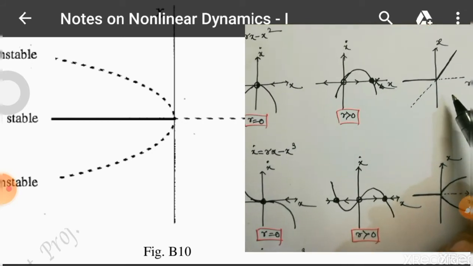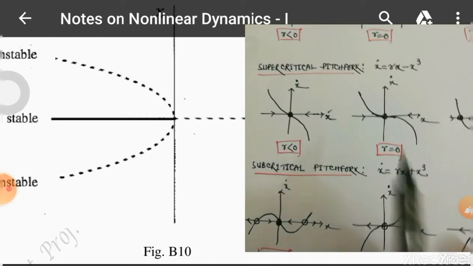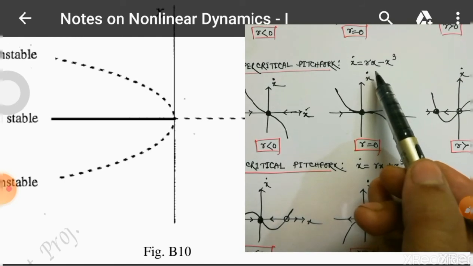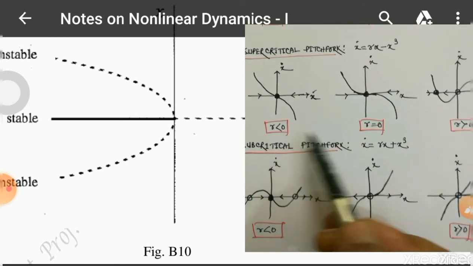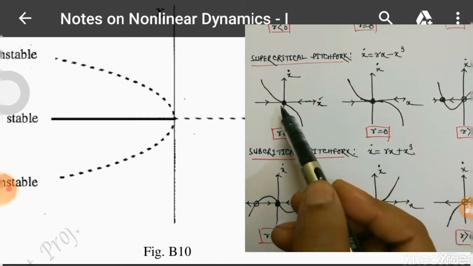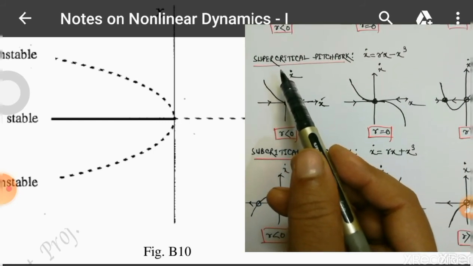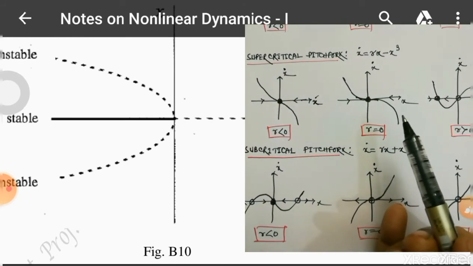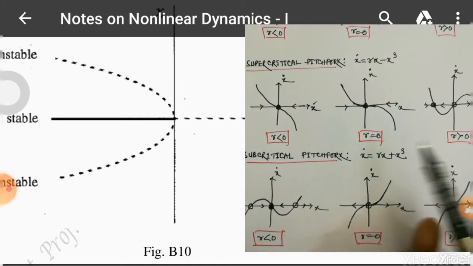Okay, then supercritical pitchfork bifurcation. For supercritical pitchfork bifurcation, the normal form is x dot equal to rx minus x cube, and for different values of r, the phase diagram looks like these three. In pitchfork bifurcations, whether supercritical or subcritical, the fixed points appear in pairs as the control parameter is varied.